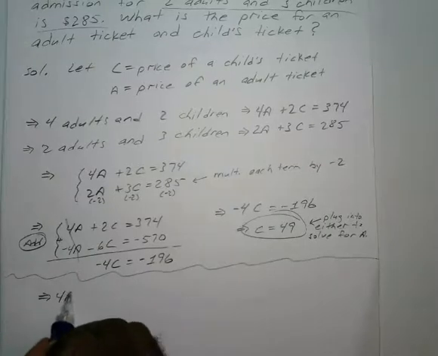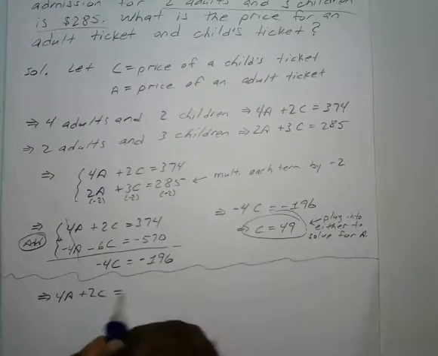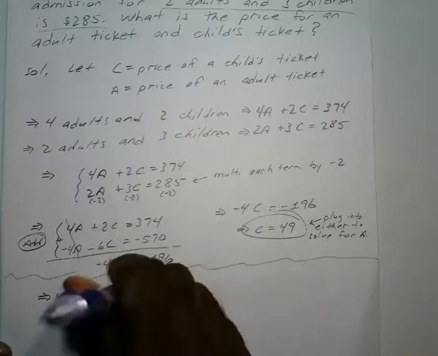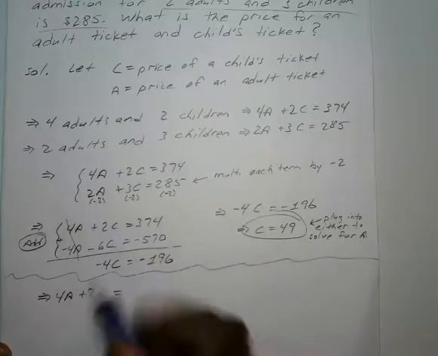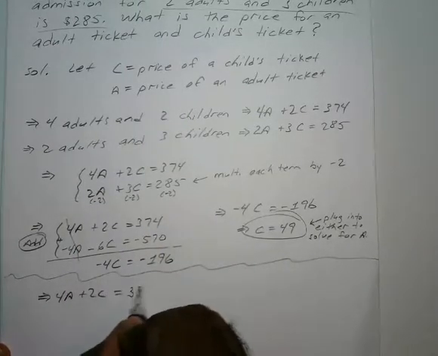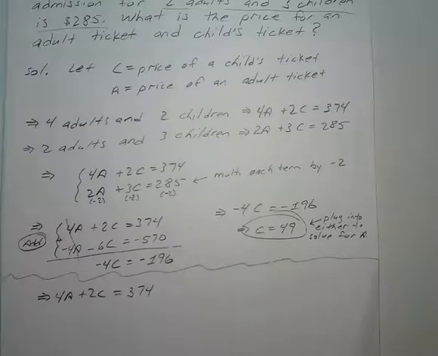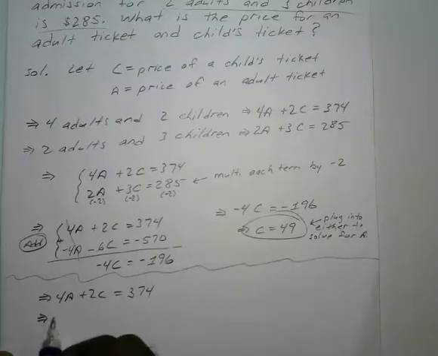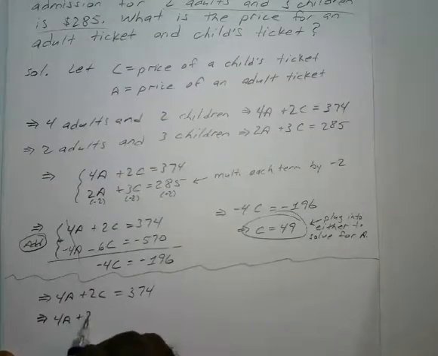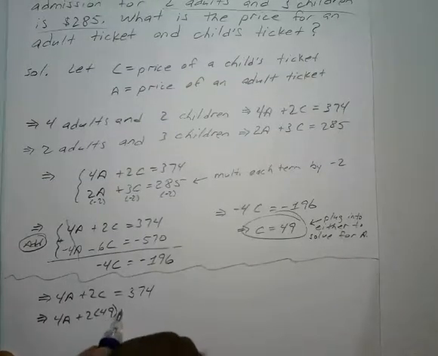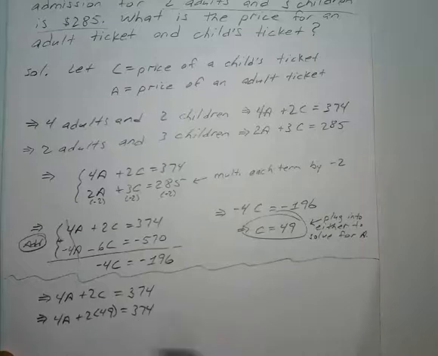So we have 4a plus 2c equals 374. If we plug in c equals 49, we have 4a plus 2 times 49 equals 374.